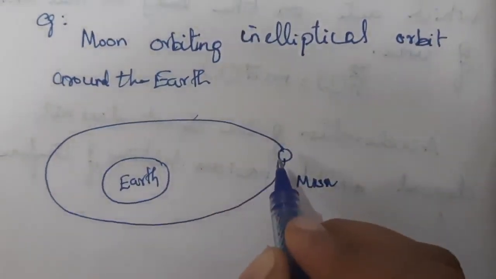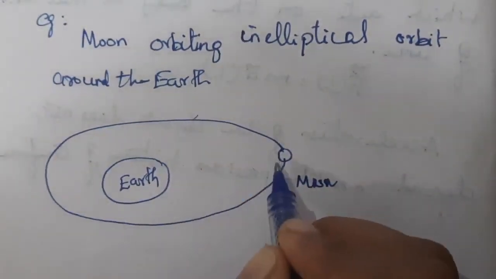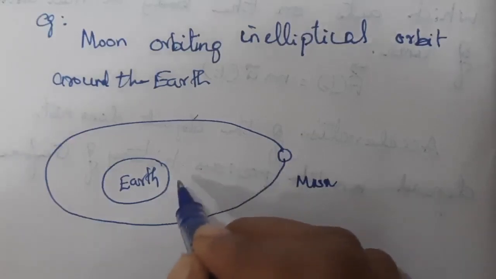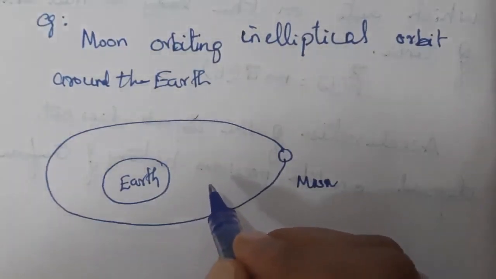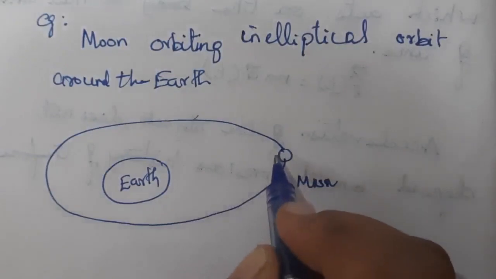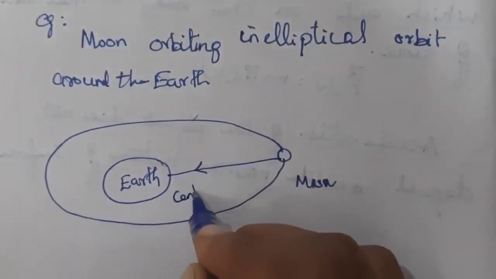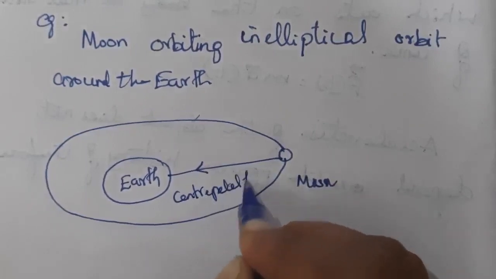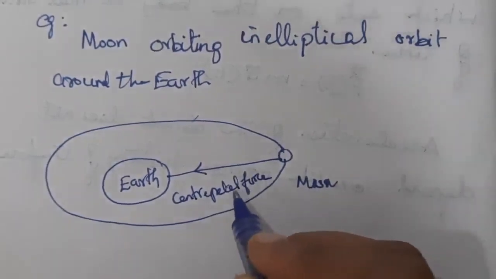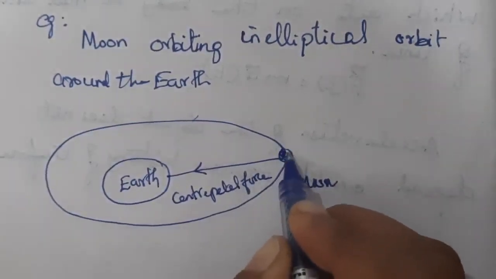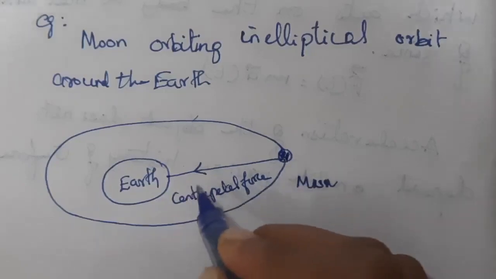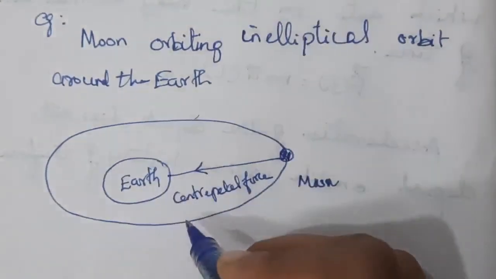We know that there is a force acting towards the center of the elliptical orbit. This force is known as centripetal force. Centripetal force is acting towards the earth.